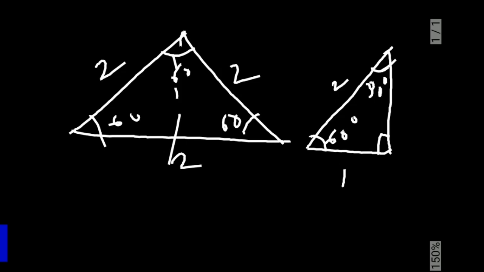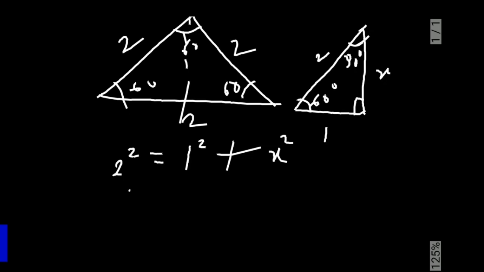To get this side we use our Pythagorean theorem. The square of the largest side is equal to the addition of the squares of the other 2 sides. So the largest side here is 2, so 2 squared is equal to 1 squared plus, let's assume this x squared. 4 equals 1 plus x squared.